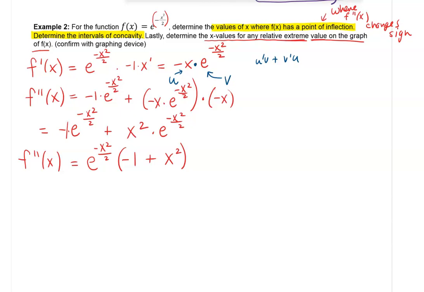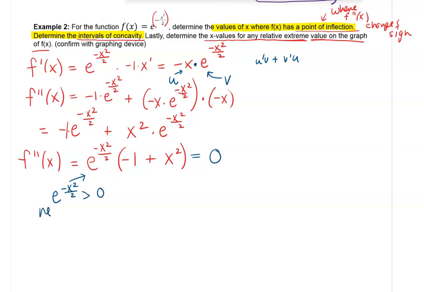Okay, so to find my points of inflection, which would be where the second derivative changes sign, and also determine intervals of concavity, I'm going to need to figure out where this second derivative is equal to 0. There are no points where it's undefined because e to whatever power is defined all the time, and polynomials are defined all the time. So the domain for this is all real numbers. So that's not a thing. But there are places where it's going to be 0. This part, the e to the negative x squared over 2, that'll always be greater than 0.